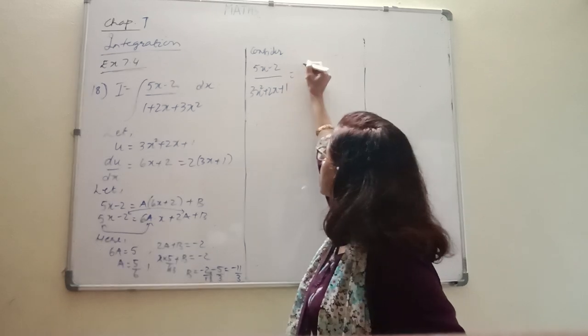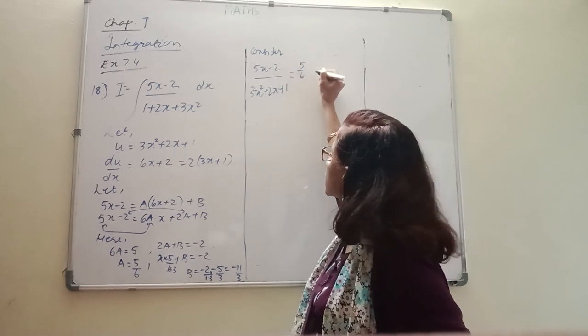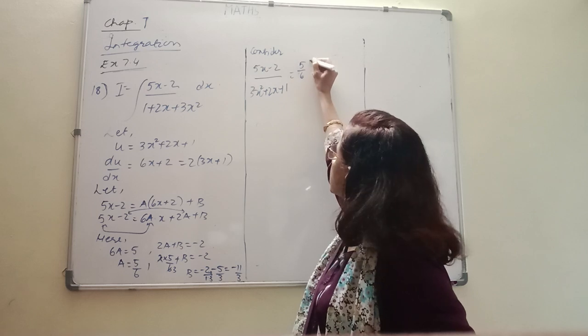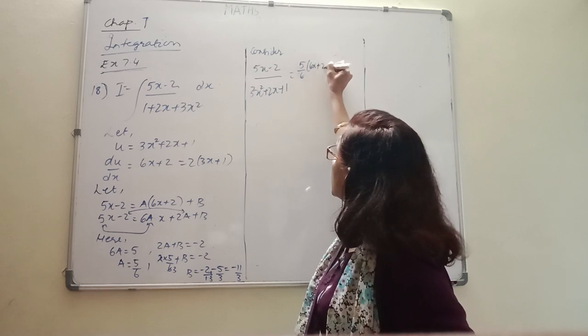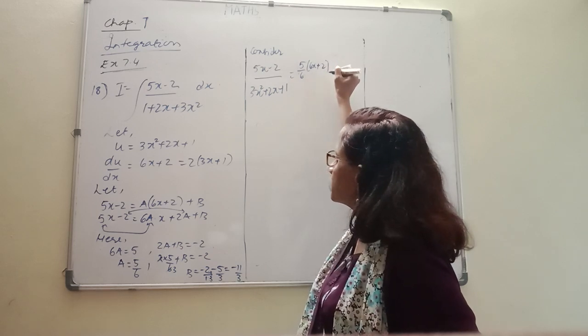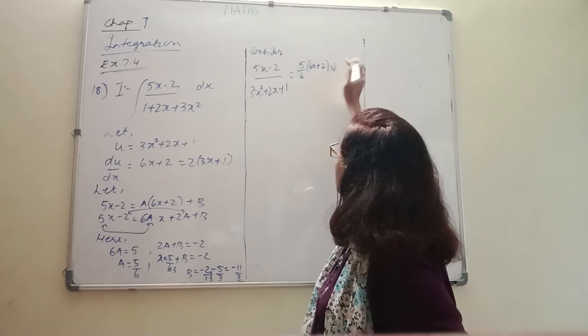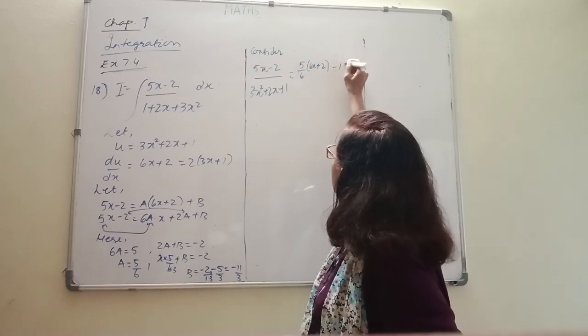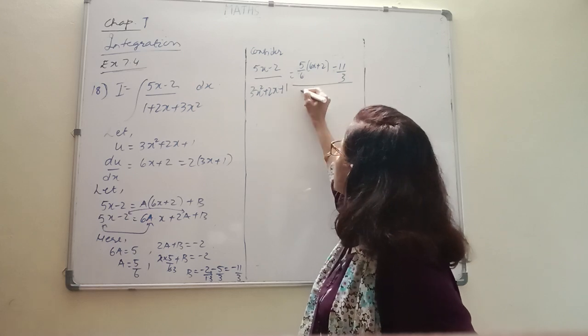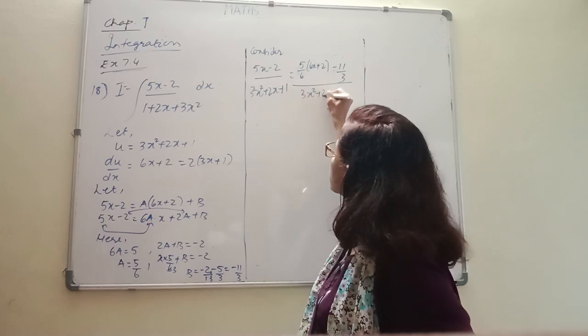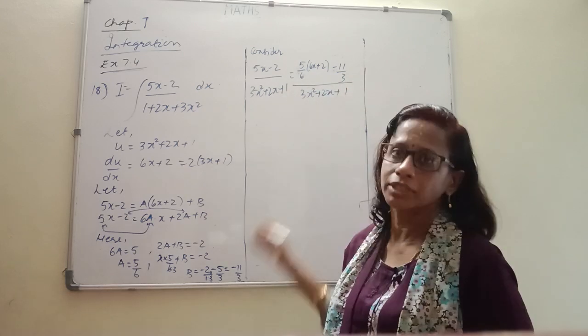A is 5 over 6, so it can be written as 5 over 6 times (6x plus 2), plus b, where b is negative 11 over 3, all over 3x squared plus 2x plus 1. So you've got it converted like this.